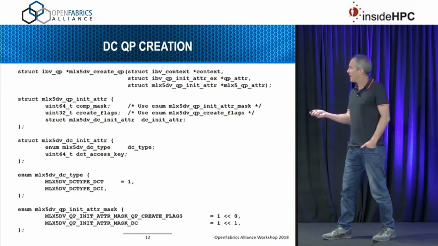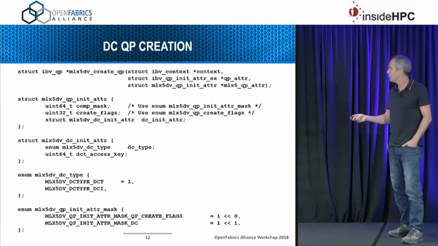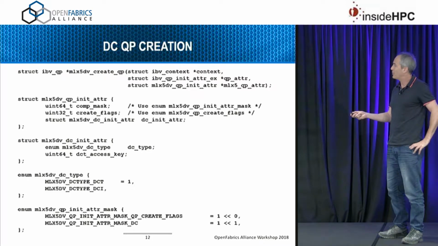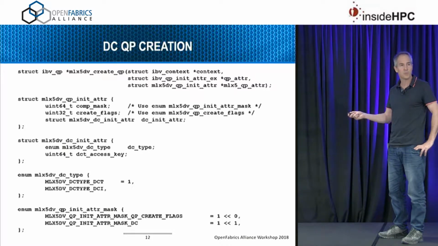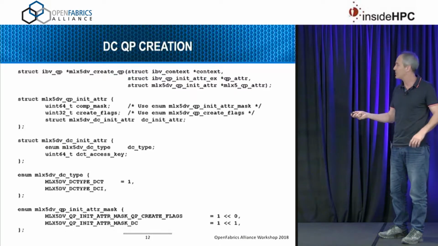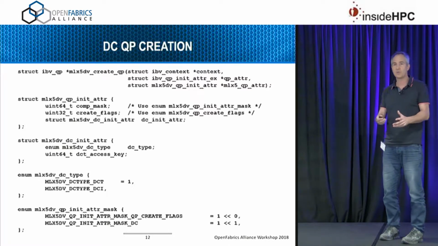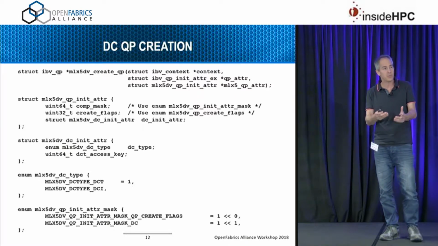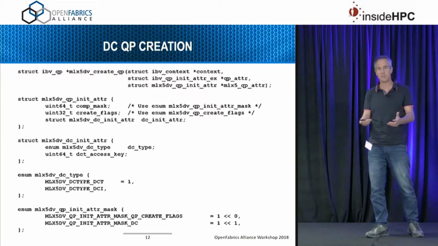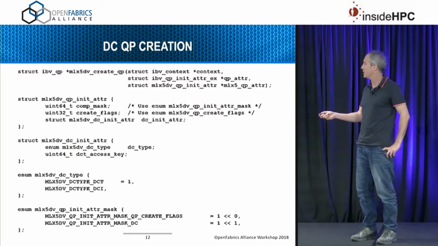So this is the API to create a QP. Instead of IBV create QP, we use the specific direct verbs syntax here. The return value is an IBV QP, so it can be used in other APIs. The first two structures are the classic create QP type because most of the features of this QP are pretty much standard QP types, so we wanted to keep the interface as close as possible.